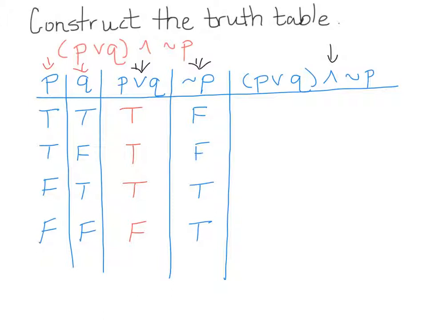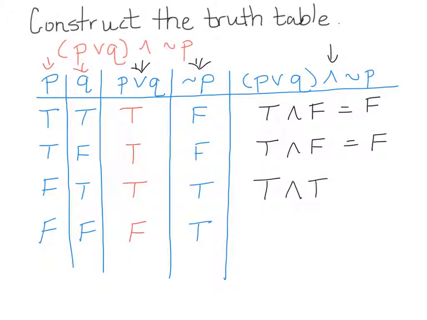All right, so true and false is false. True and false is false. True and true is true. False and true is false. And that is our truth table.